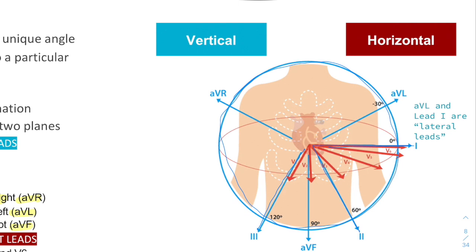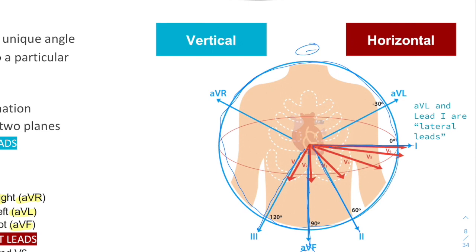And then your augmented leads create separate angles where, for instance, AVF, which is your augmented vector towards the foot, downwards here is the positive end of AVF, and the negative pole of it is up here between this space that's created by 2 different leads.